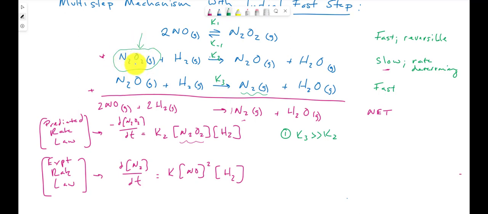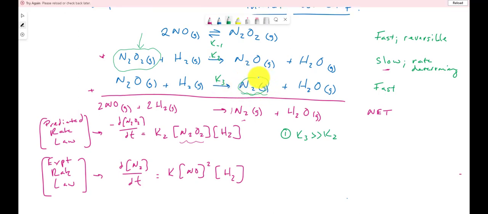But the disappearance of this species is really slow, and then the appearance of this is really fast, but it depends upon that first step. And so these two things are directly linked, and we would be able to essentially say that the rate at which this thing gets destroyed pretty much dictates the rate at which this thing gets created.